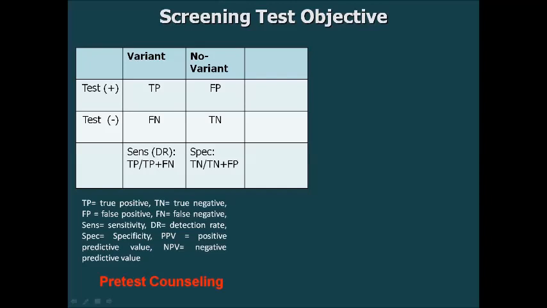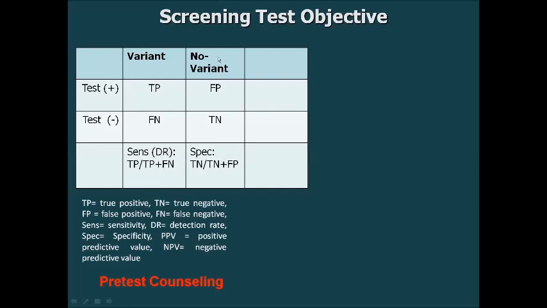Now, in the pretest counseling environment, patients are interested in detection rate. They are interested in whether they are amongst all of those patients in the denominator that carry the variant, or in this case, cystic fibrosis. How well will that test do in identifying them or detecting them as a carrier?